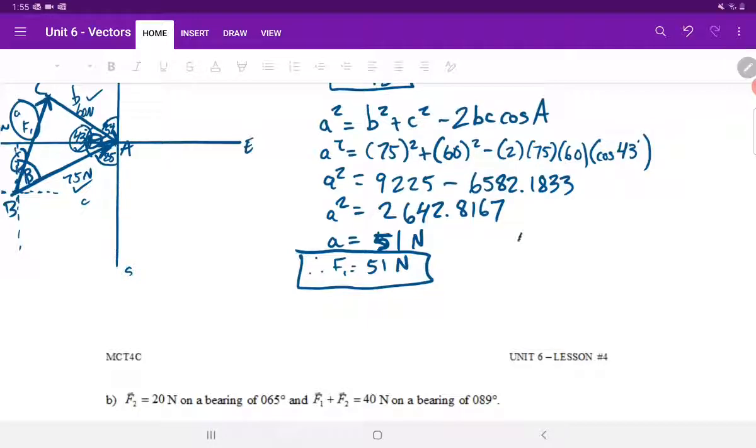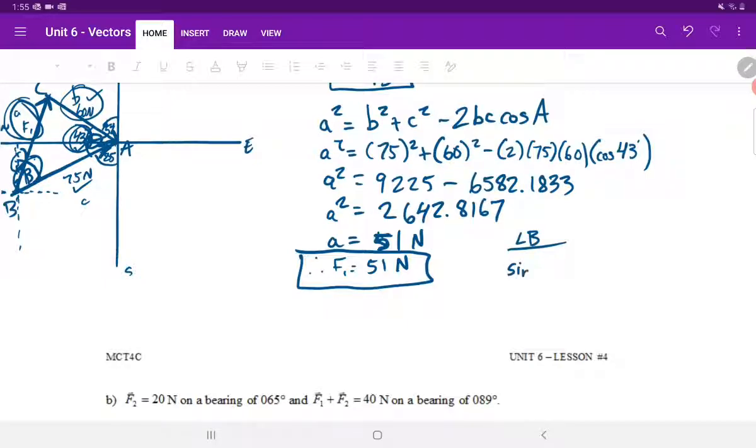So, angle B. All right, we're going to use the sine law. We have a known angle and opposite side, which means I now have a opposite side, and I can find this angle here.